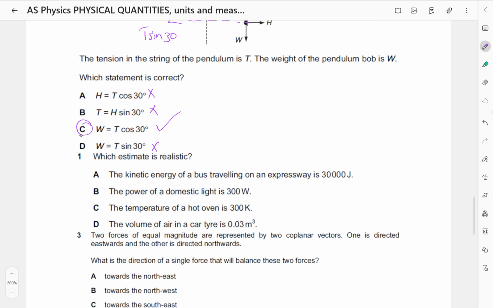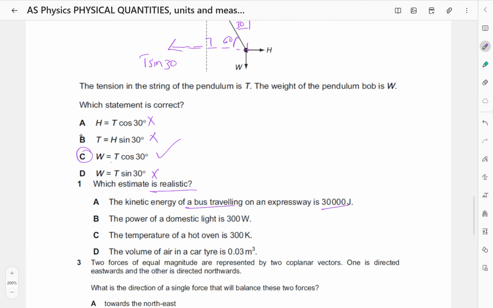Which estimate is realistic? The kinetic energy of a bus traveling on an expressway is 30,000 joules. To check which one is realistic, let's check the kinetic energy by finding the mass.